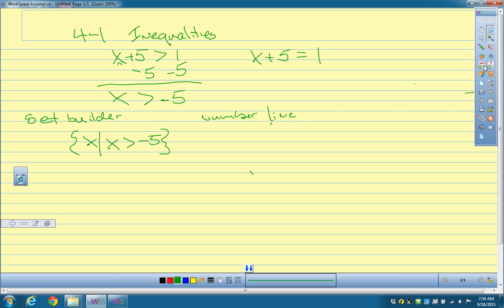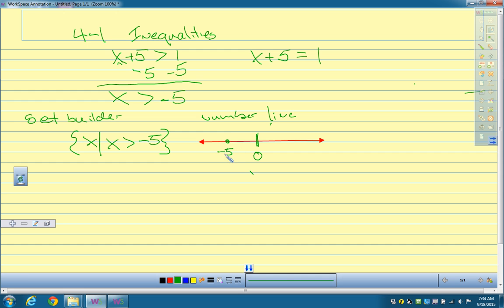Okay? Another way to represent this is on a number line. And so you take a line. So if I'm going to represent this on a number line, I'd put a 0 in the middle somewhere. And then I'd put a dot where there's a -4.